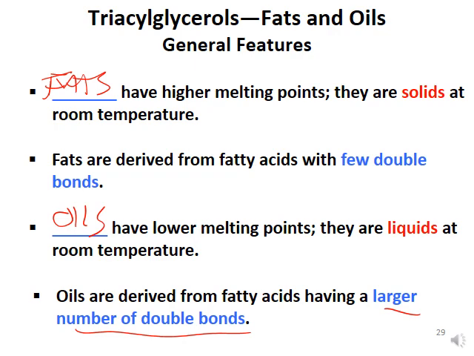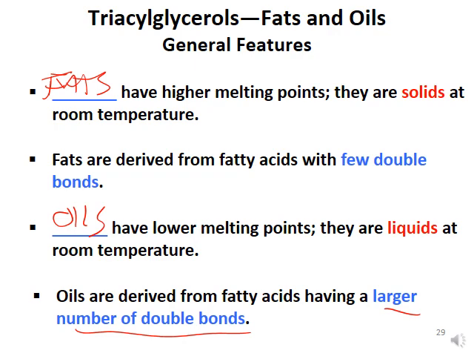Okay, so always remember that the physical things that you can see are obvious, right? Fats on the side of a steak are solid. That means that the intermolecular forces must be higher, which means they get to rub up against each other more, which means it's saturated with no double bonds.